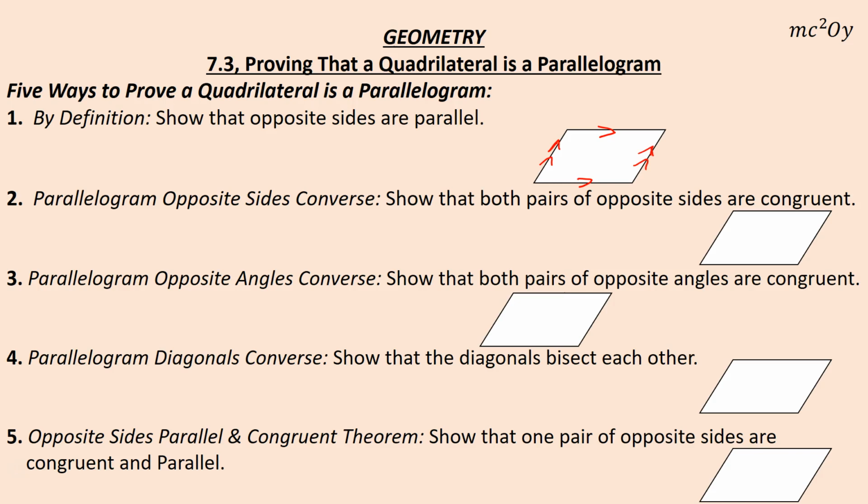We also have the parallelogram opposite sides converse. We show that both pairs of opposite sides are congruent. So for instance, those two, okay, opposite sides congruent. We have the parallelogram opposite angles converse, showing that opposite angles are congruent.